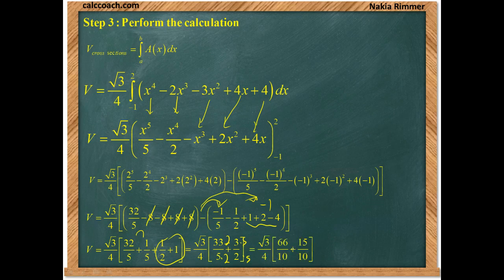That's all over 10. 66 and 15 add up to be 81. Nothing we can do to cancel. So 81 over 10 times that root 3 over 4, which is from the area formula. Putting it together, let's just call it 81 root 3 over 40. And that's your answer. That's the volume of that shape.